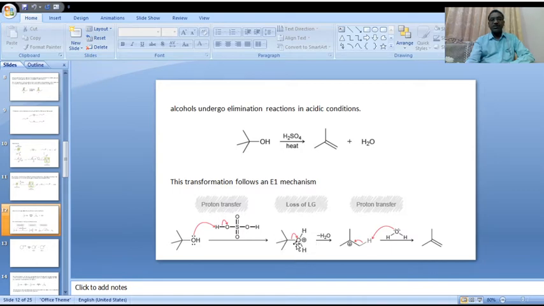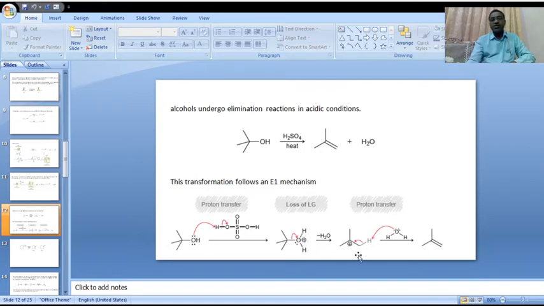From this, immediately loss of water molecule to form carbocation. Here, loss of leaving group. Water molecule means leaving group.